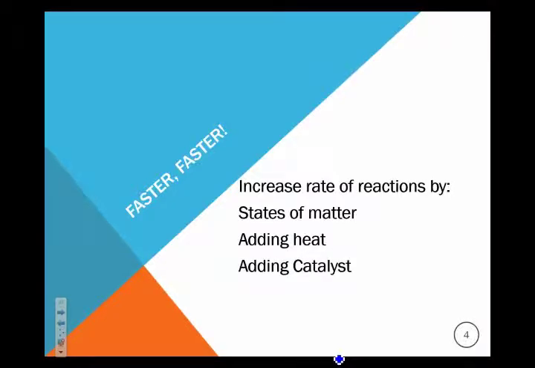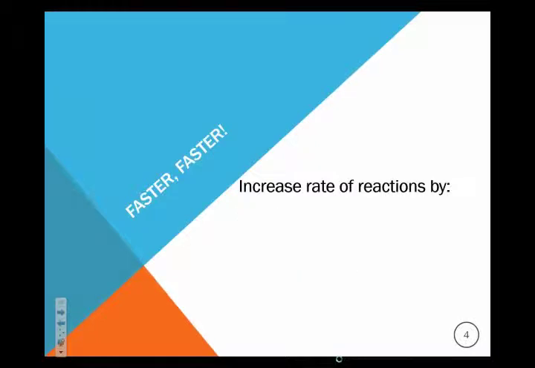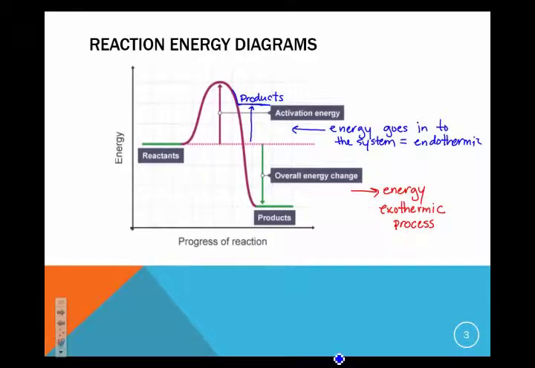You could also add a catalyst. So I'm going to go backwards here for just a sec to my reaction energy diagram, and I'm going to show you what a catalyst looks like. When you have a catalyst, it provides an alternative reaction energy pathway to get from reactants to products.